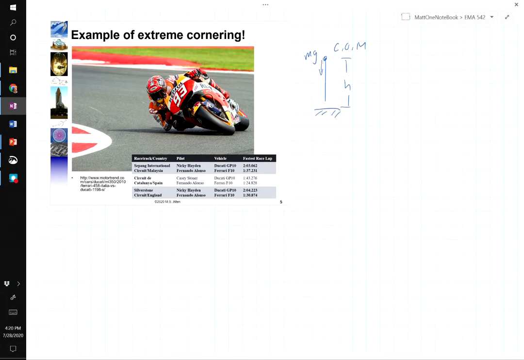In an extreme corner like this, we take that center of mass that's still a distance h from the ground, and then we'll replace the ground with the reaction forces. So the ground has to push back to hold the bike up, and the ground has to have a friction force that keeps the bike from sliding away. Gravity is still acting downward, and so this causes the bike to lean at some angle theta.